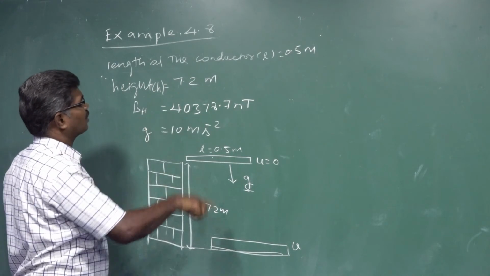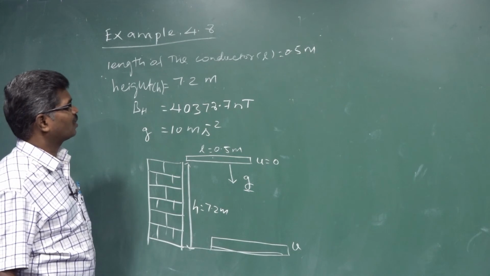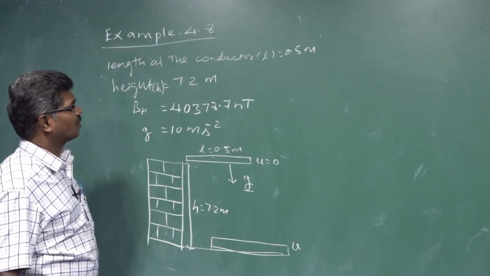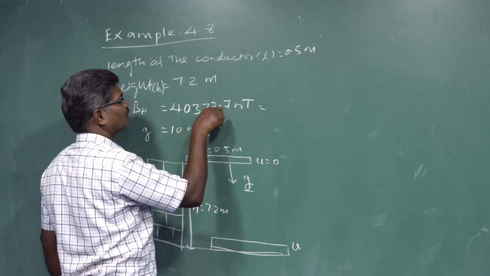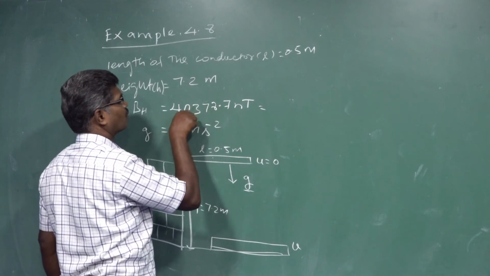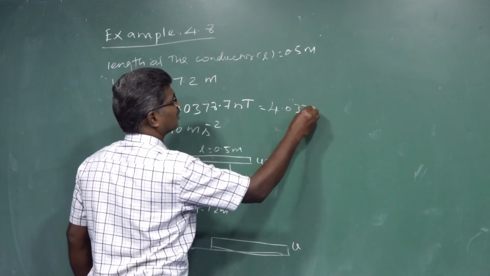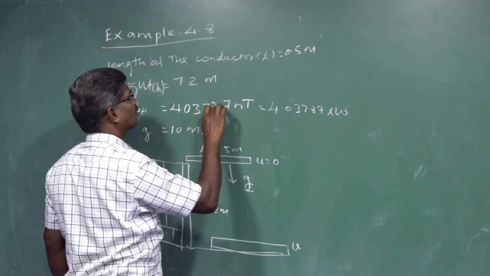The horizontal component of that earth magnetic field is 40,378.7 nanotesla. So from that we will calculate. You move the point 1, 2, 3, 4. That's why 4.03787 into 10 to the power. How many points are we moving?